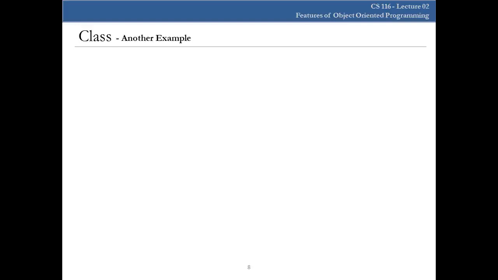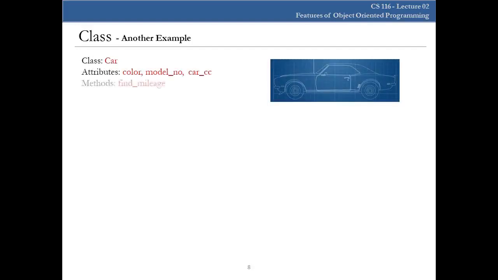Okay, now this is another example. Here I'm defining a class for car. Now this is a blueprint which is fortunately blue in color too. Here you can see that I have associated this name car with the class, so that's the class name, and I have associated some attributes: color, model number, car cc. By car cc I mean 1800 cc or 1000 cc.